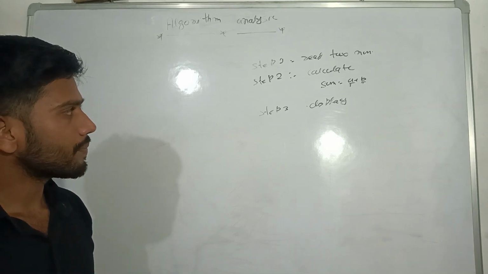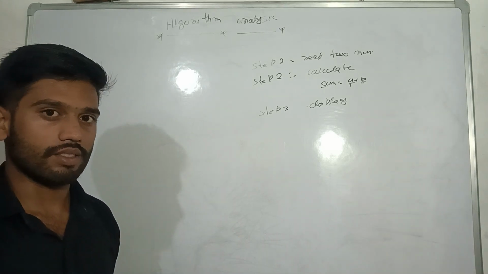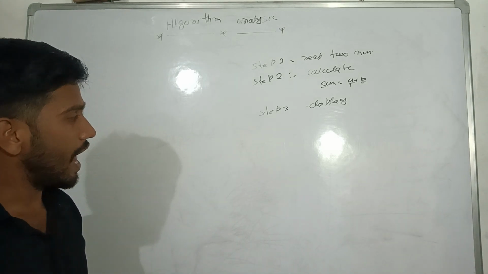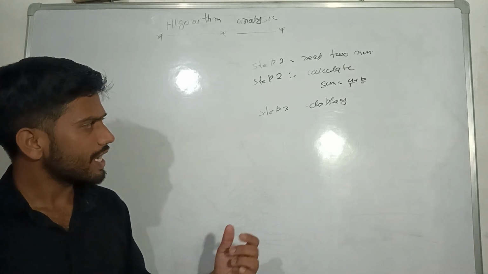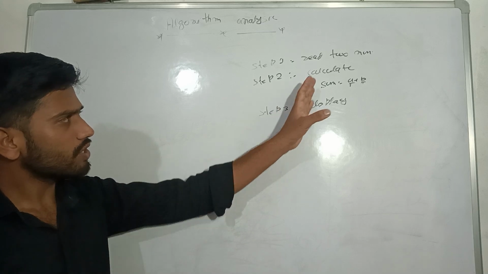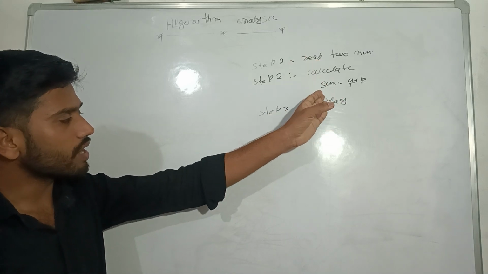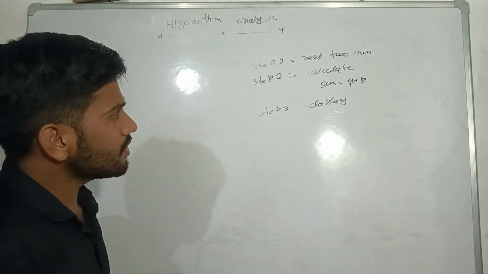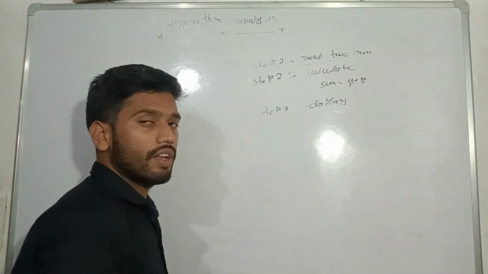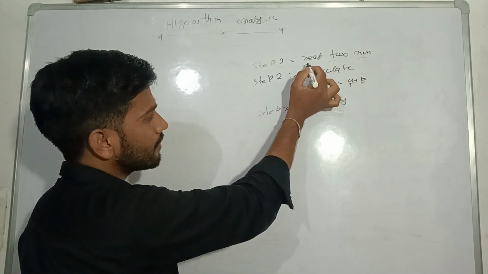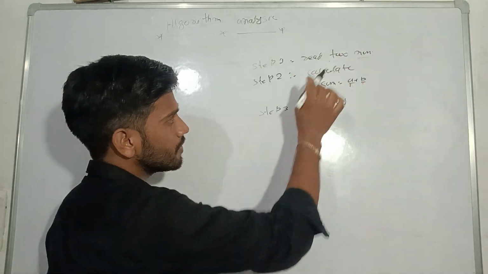And effectiveness. The algorithm should have effectiveness. Look here, there is a clear message: read two numbers.